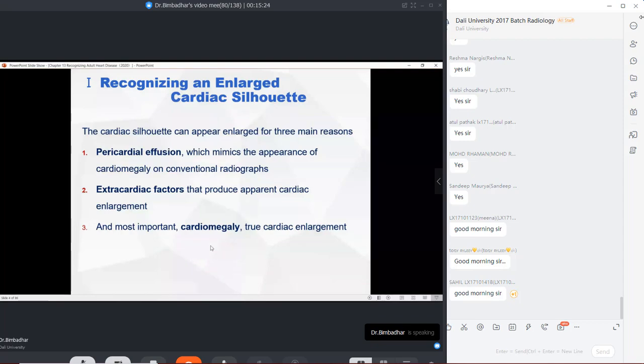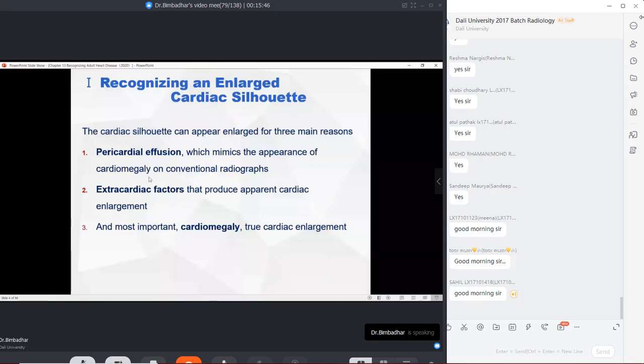That is the difference between an apparent cardiomegaly and a gross cardiomegaly. So pericardial effusion and extracardiac factors are the conditions that cause apparent cardiomegaly, and true cardiomegaly happens in chamber enlargements and myopathic diseases.